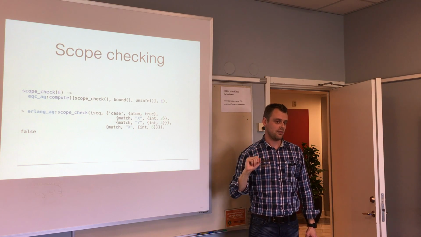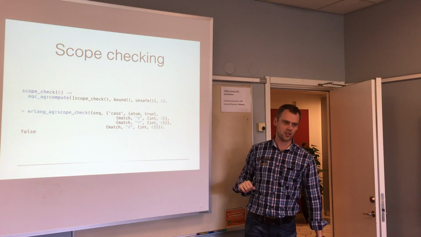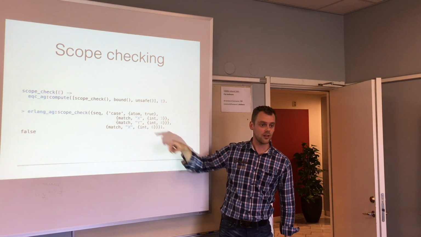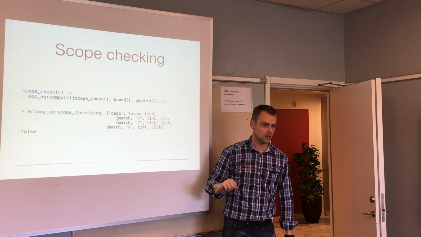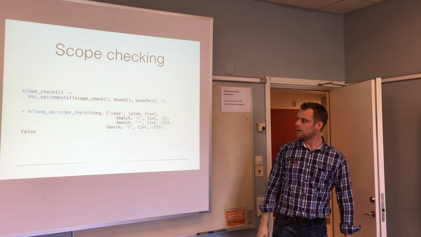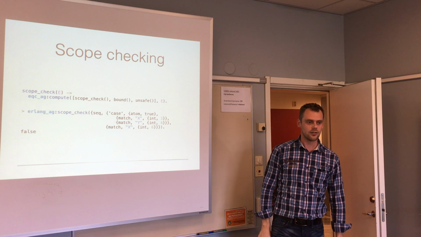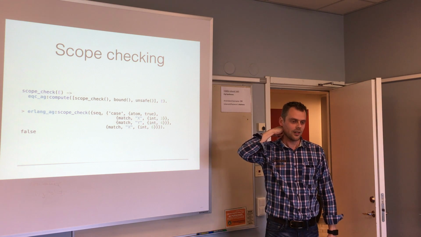They say, oh, this is unsafe. And then that doesn't scope check in this small example. If we had x here, then we had a pattern match fail, because 3 is not 6. So that's why you need to remember the unsafe variables.